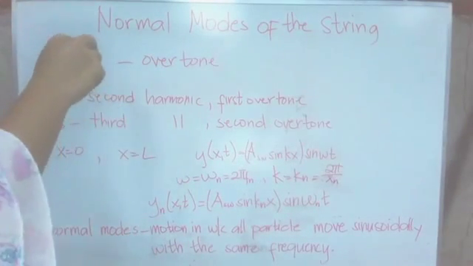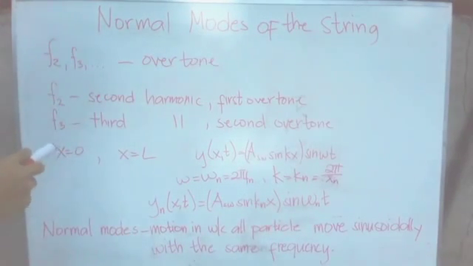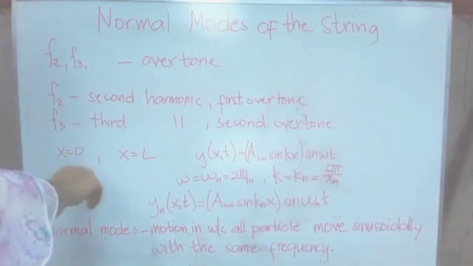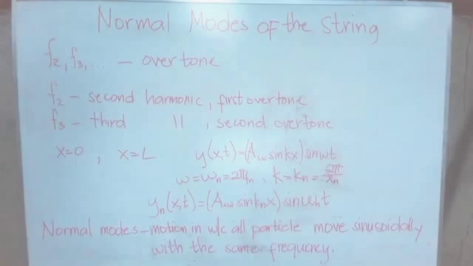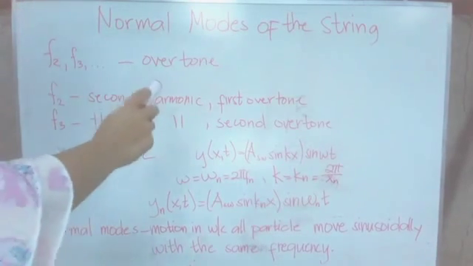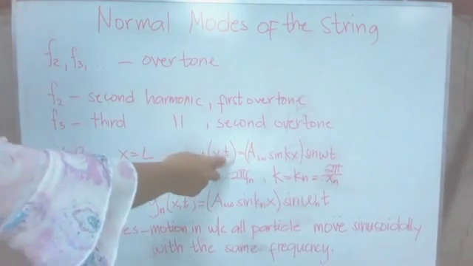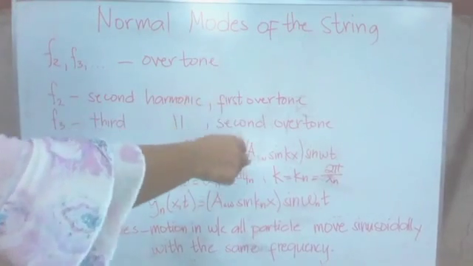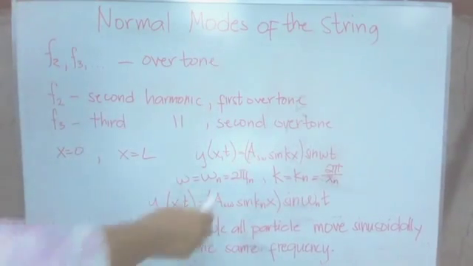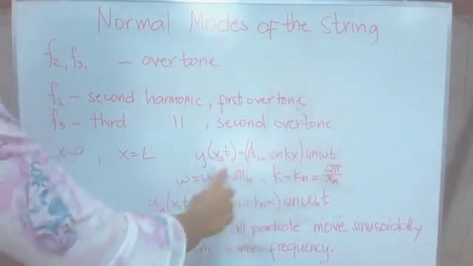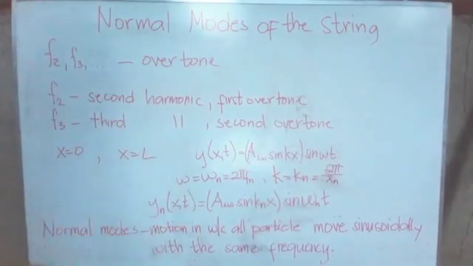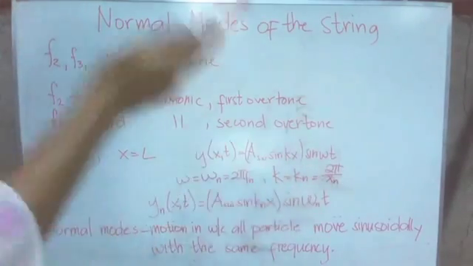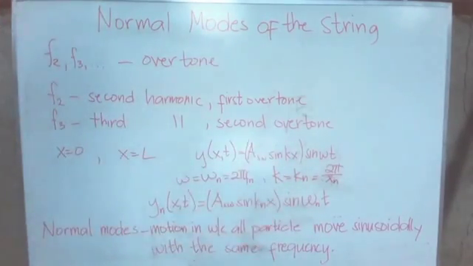Now, for a string with fixed ends, at x equal to 0 and x equal to L, which is our length, the wave function y as a function of x and t of the nth standing wave is given by this equation for a standing wave. This satisfies the condition that there is a node at x equal to 0.